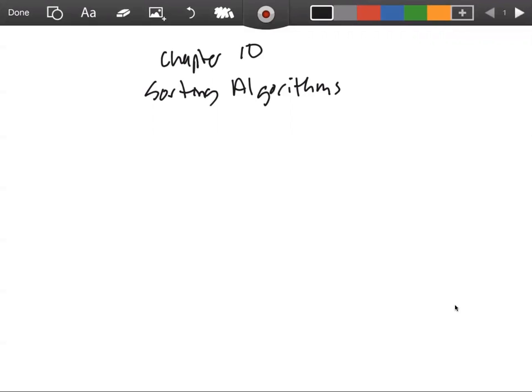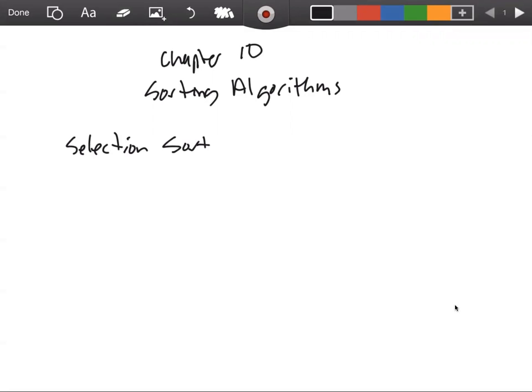The book starts with the idea of a selection sort, and it starts this on page 534. It's basically going to go through the unsorted portion of the list and find the smallest item.